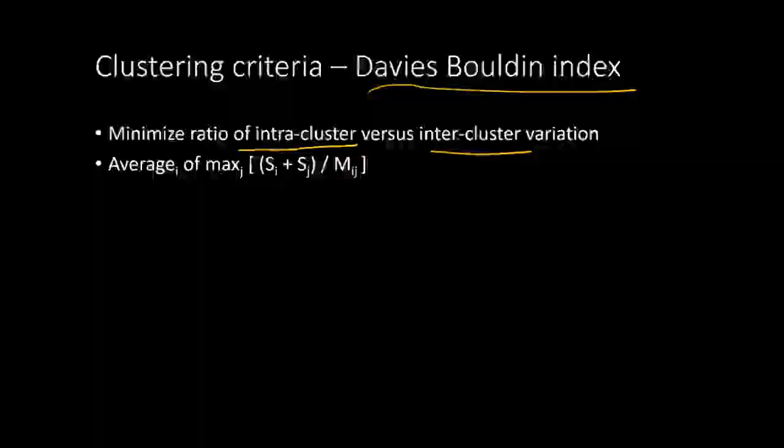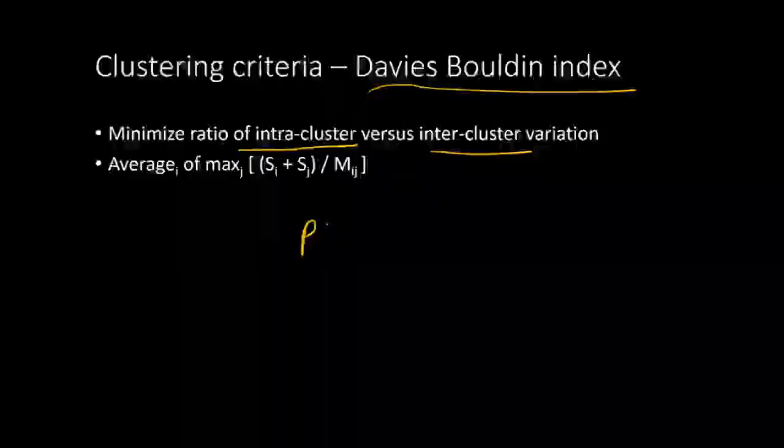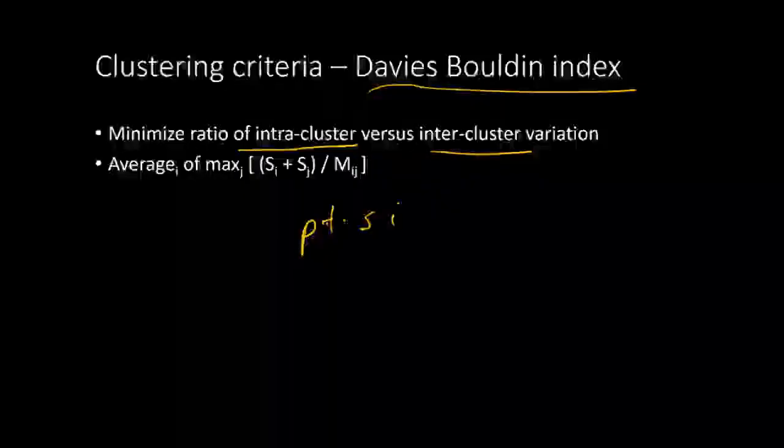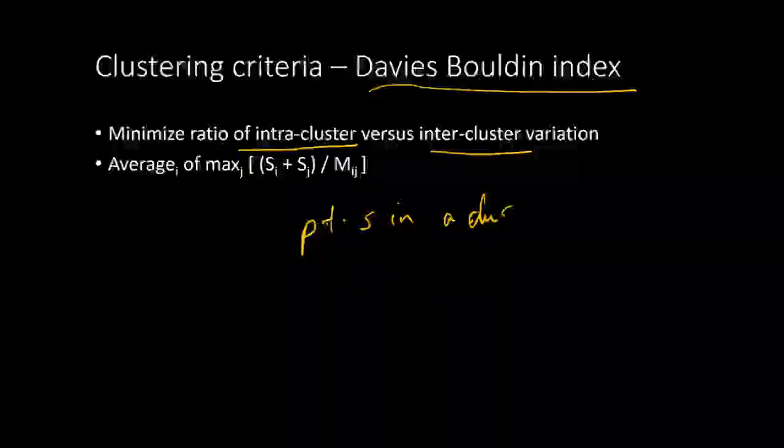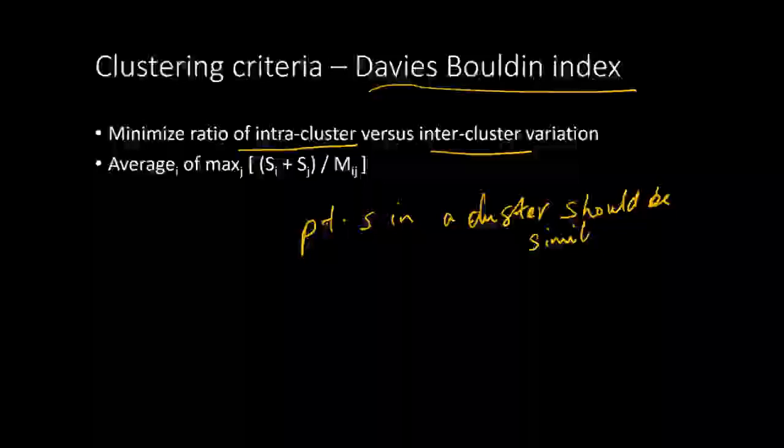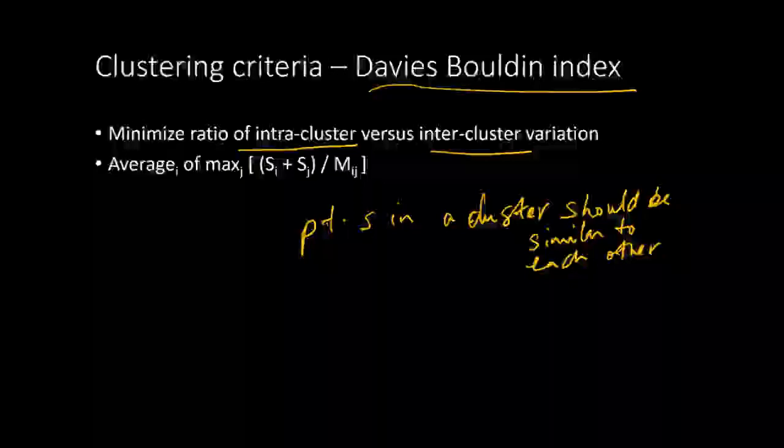Let's unpack this for a bit. We want minimum variance within the cluster, so that points in a cluster should be similar to each other, relative to points outside the cluster.